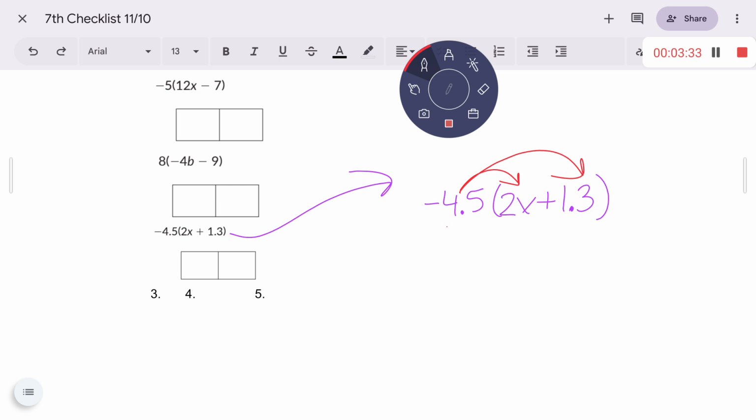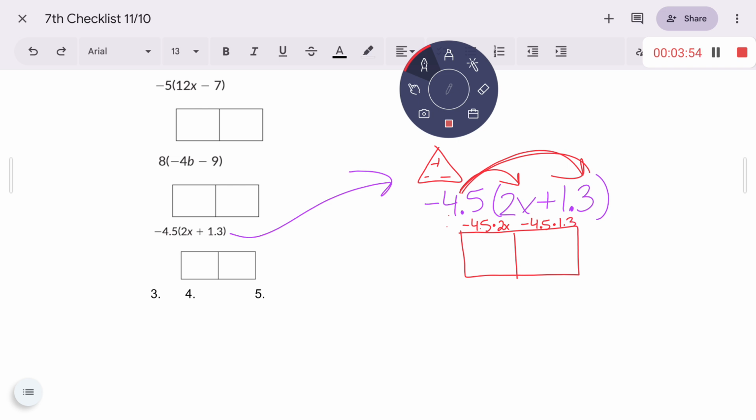This will be negative 4.5 times 2x, and then negative 4.5 times 1.3.